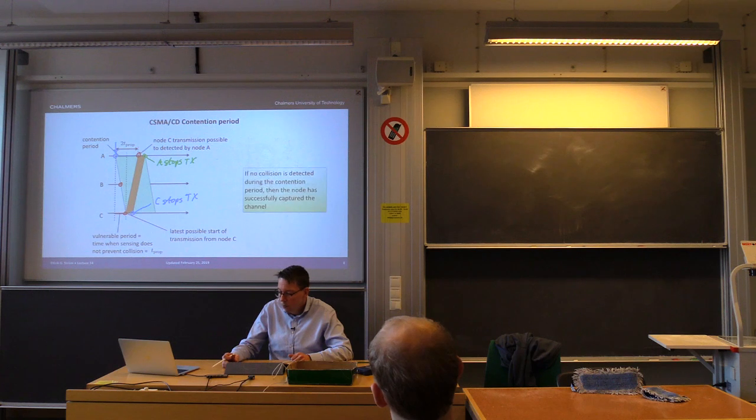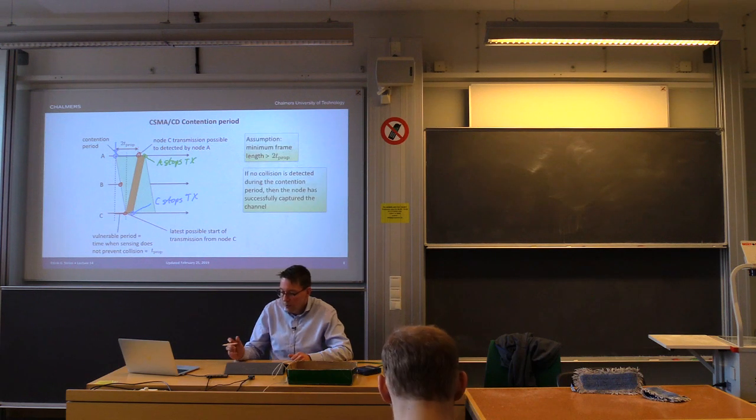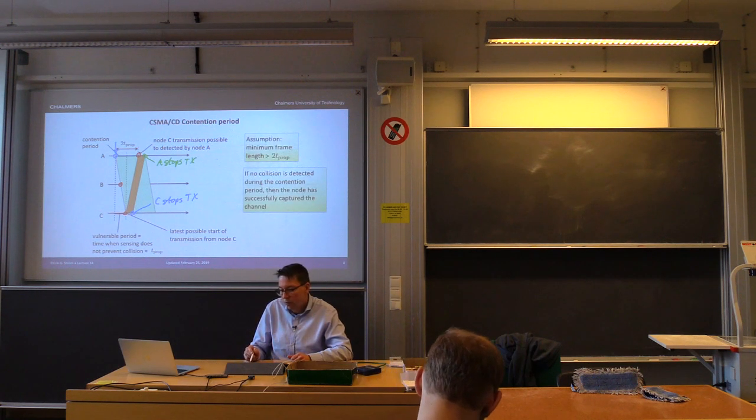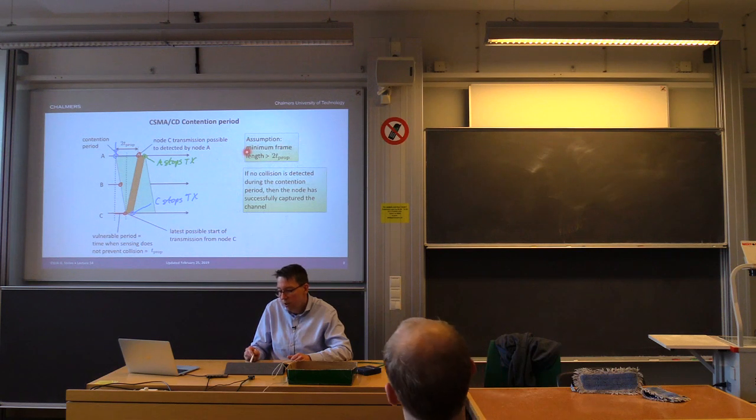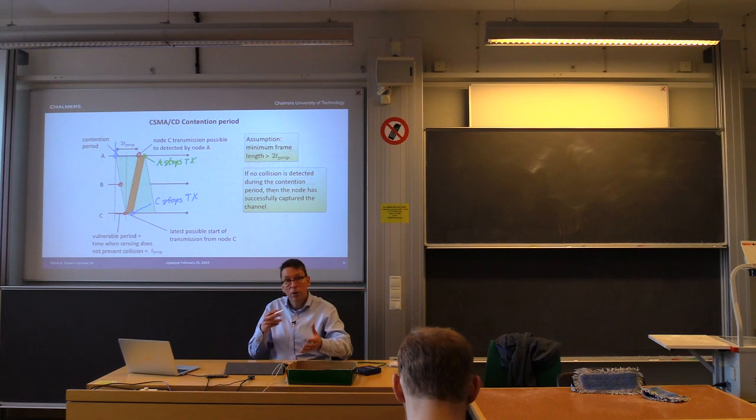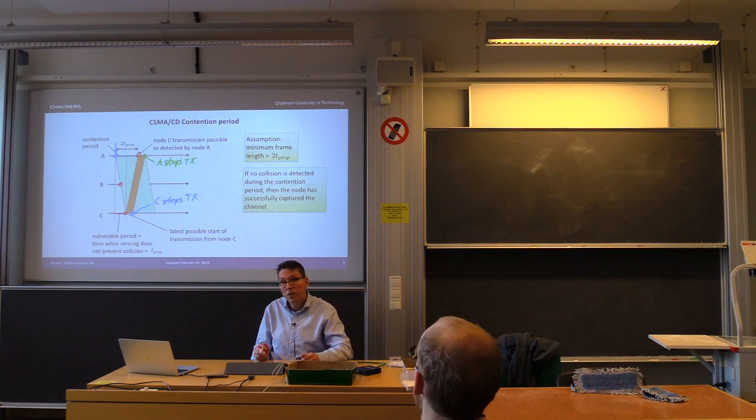So to summarize, for this analysis to hold, the assumption is that the minimum frame length is 2 t prop. Because if the green frame here ends before 2 t prop, it will never be able to detect that there was a collision, because there is another frame coming a little bit later, and A will not transmit at the same time as it receives a frame from the other side.